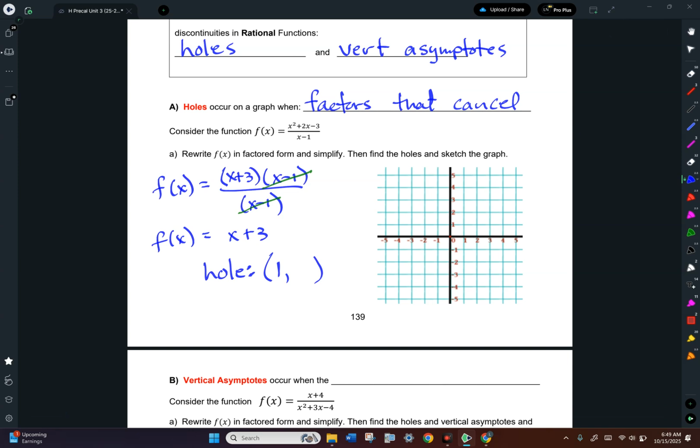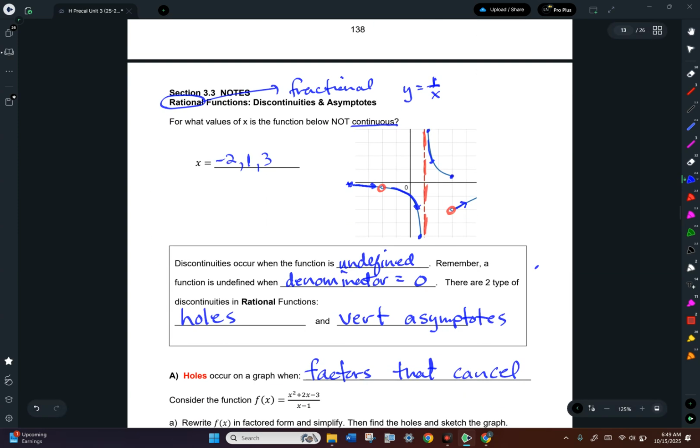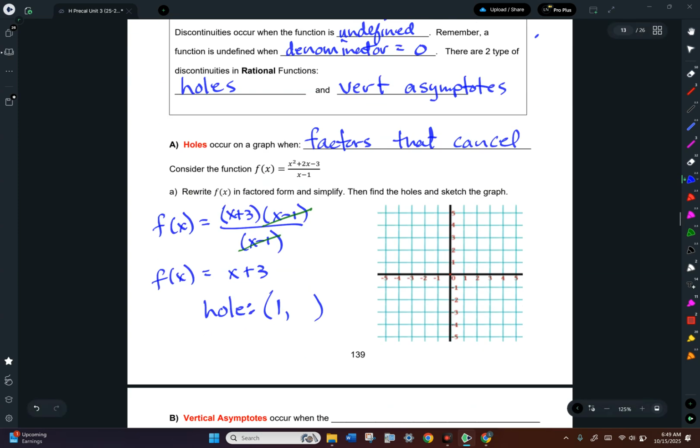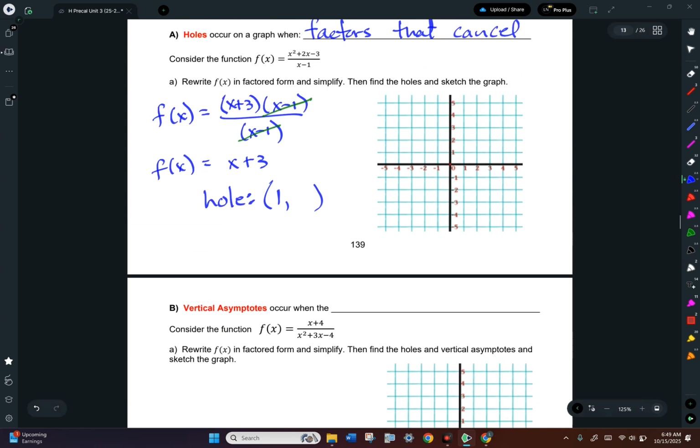Now, a hole is one specific point, right? If you look up here, the hole was one specific point on the graph. I know where it occurs, x equals 1, but I also would like to know what the y value is. Right here is where x equals 1, but is the hole right here when y is 2? Is the hole up here at 5? Is the hole down here? All of those places are when x equals 1.